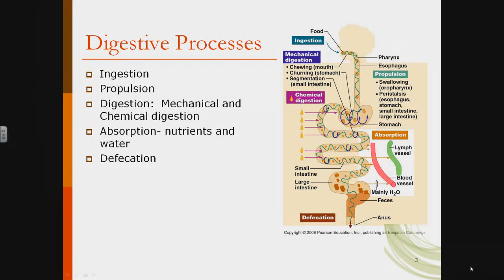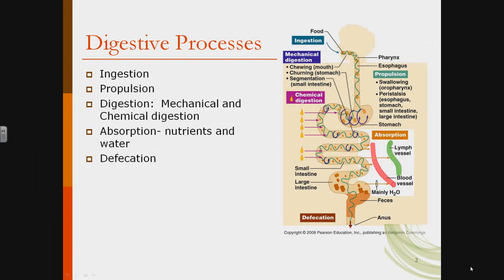You need propulsion. And different areas of the gut are capable of different kinds of propulsion. Peristalsis, pendular motion, churning, etc. And a lot of these propulsion movements can also be involved in mechanical digestion.